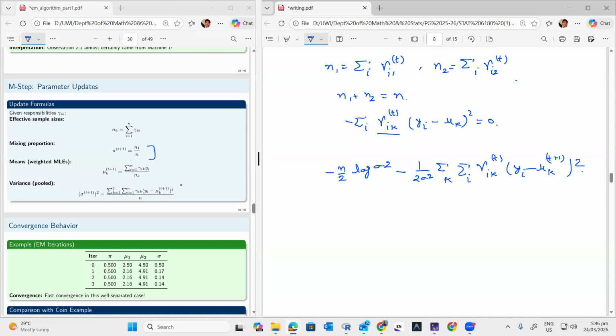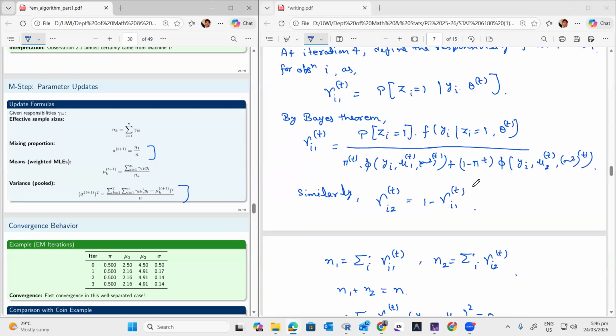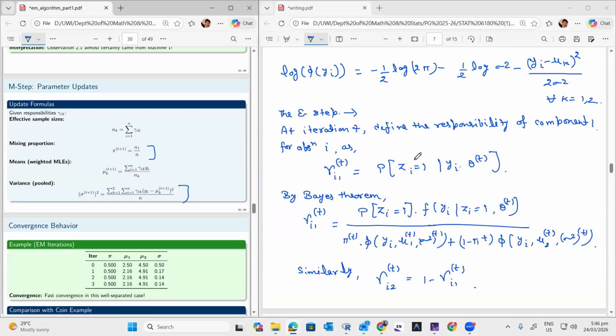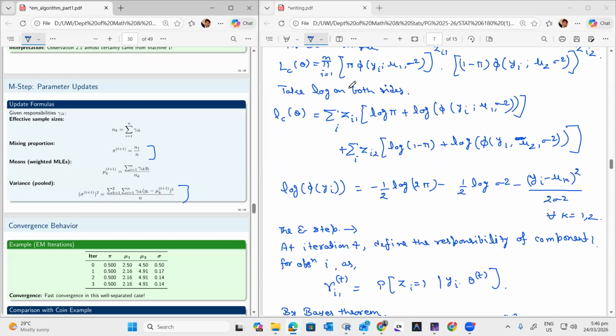I hope you can get this formula, because I already told you, this is your likelihood function. You need to basically find the derivative of this likelihood function, similarly as we have done for the binomial case in the discrete version.